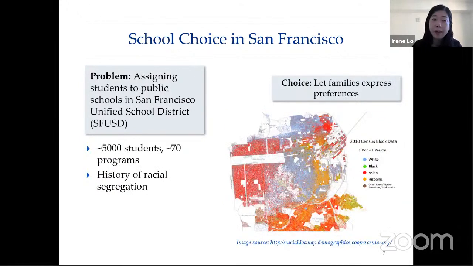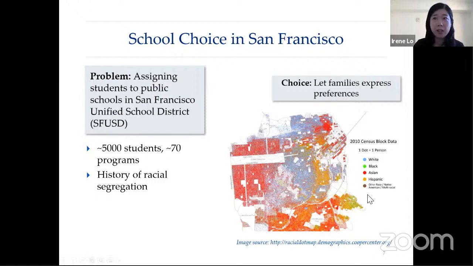But now let me tell you about the other goal, which is disentangling neighborhood and school segregation. San Francisco, like a lot of cities in the US, has a long history of racial segregation going back to the Jim Crow laws and redlining, which enforced separation of where people of different descent lived, specifically those of African descent.